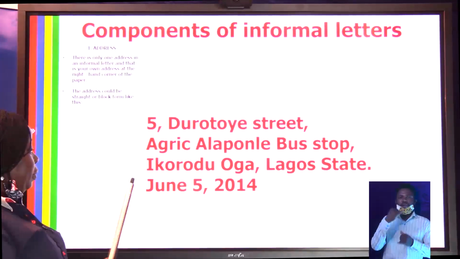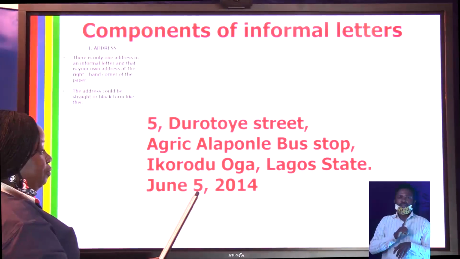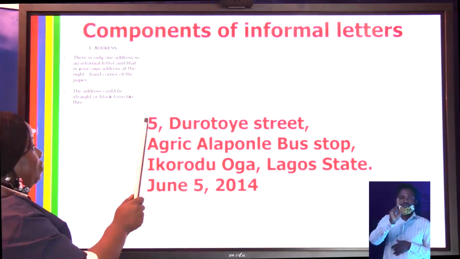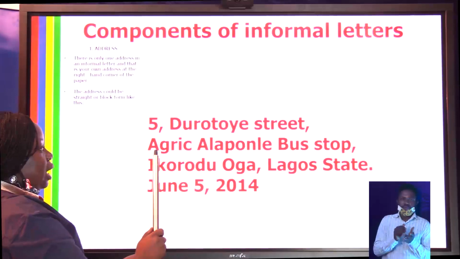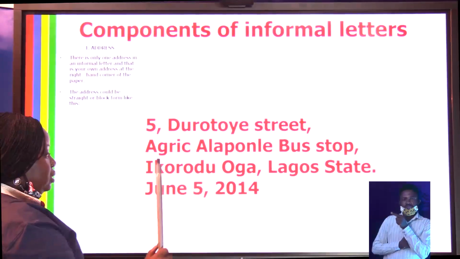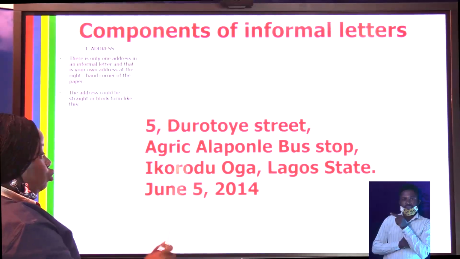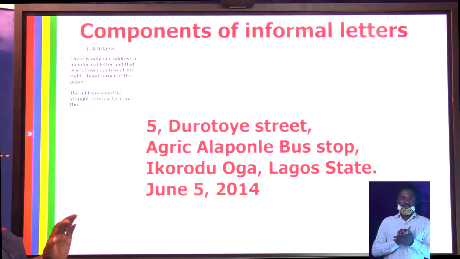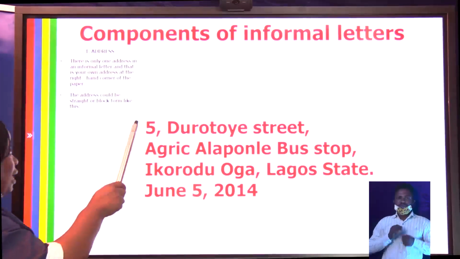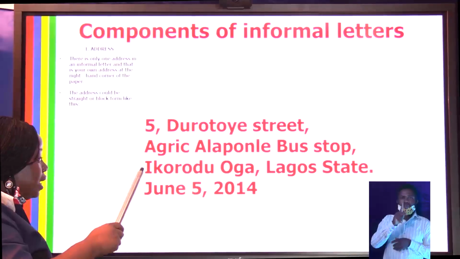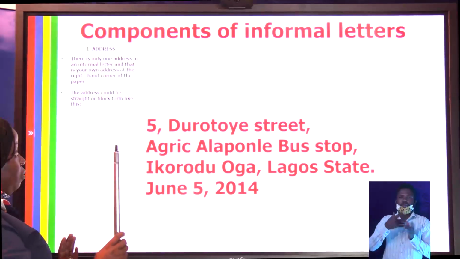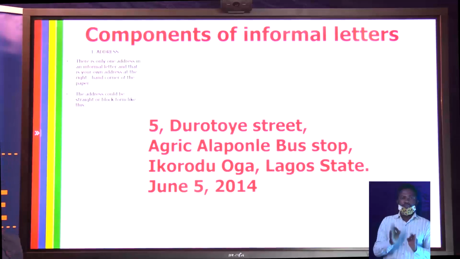And the last one will be date, June 5, 2014. Here you can see that this address is in block form. That means everything is on a straight line here. That is what I mean by the block form type of address.